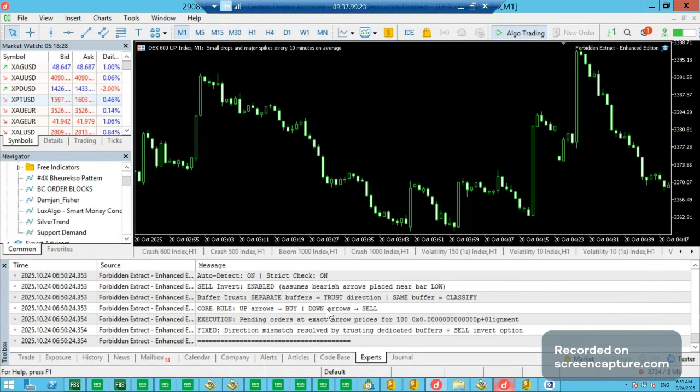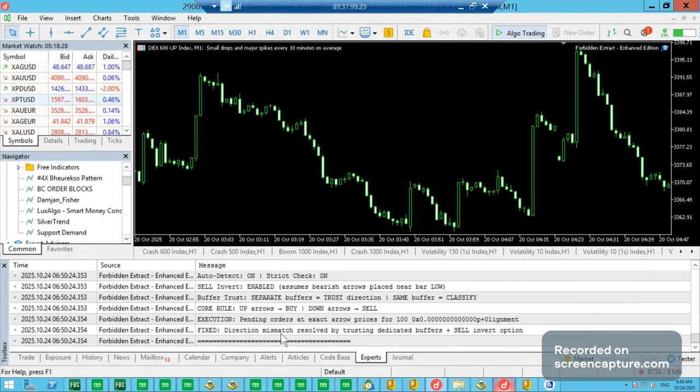If you set a wrong point, or the minimum point you set is incorrect, it will show here. It will show you that the minimum point you set is incorrect.